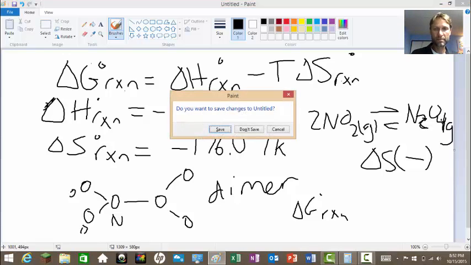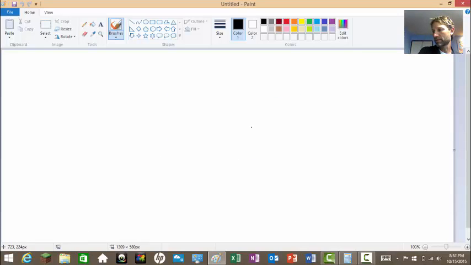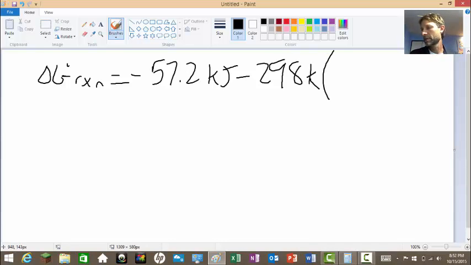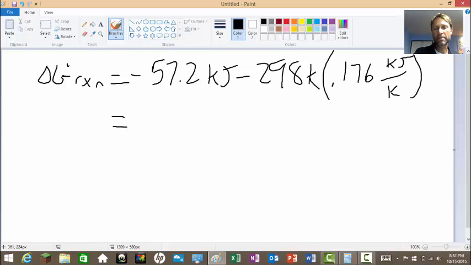That is going to be equal to delta H, which is minus 57.2 kilojoules, minus the temperature, 298 K, times the entropy change, which is minus 0.176 kilojoules per K. And so then doing the math, we get minus 4.75 kilojoules.